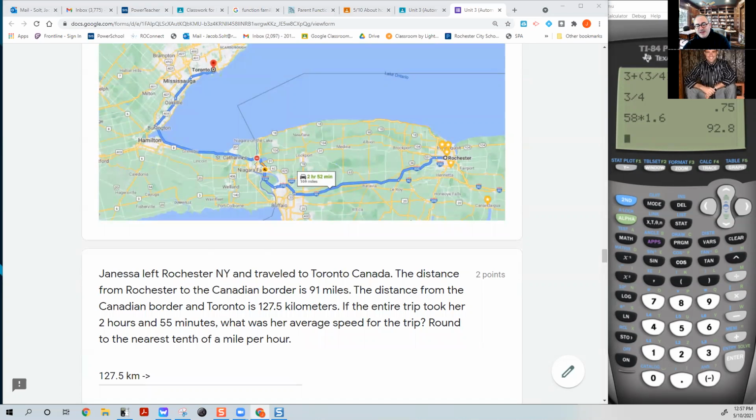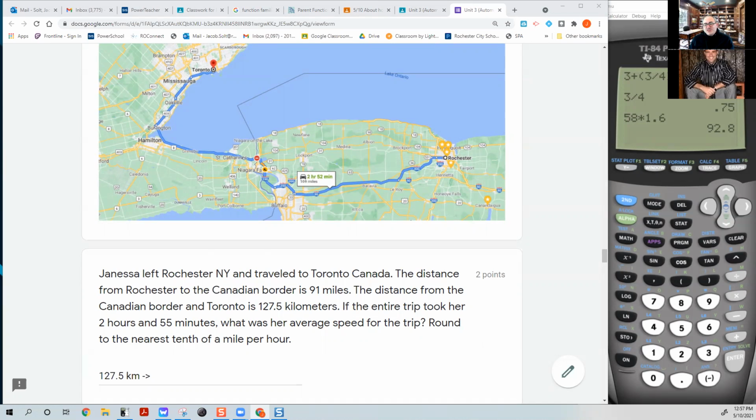Mr. Cranbuell has conveniently put some of those conversion factors in the chat. I love having both conversion factors because it makes life easier.